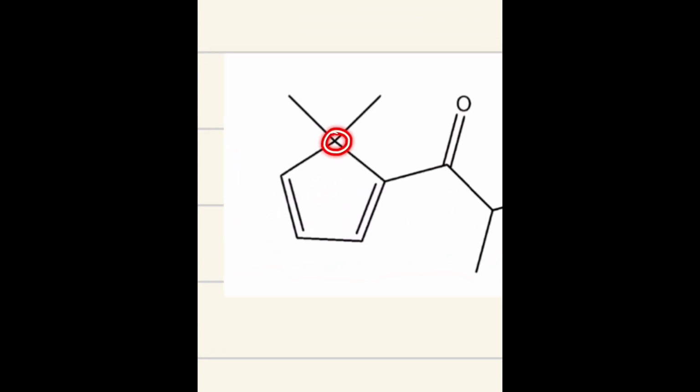Moving on to this carbon, we have 2 methyl groups, and there's also a plane of symmetry, so we know it's not chiral. Now, what about these carbons? They're not chiral, and we know this because for one, they're sp2, and remember, we need sp3. So immediately, no.